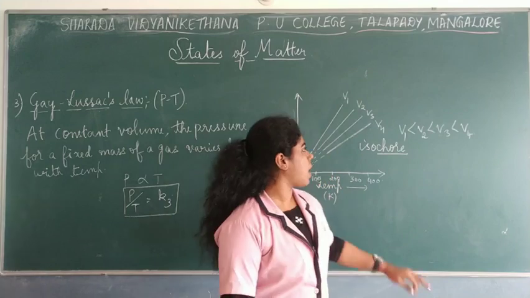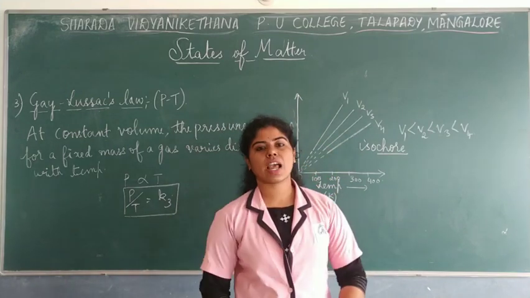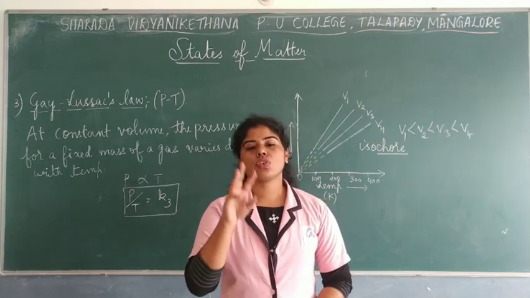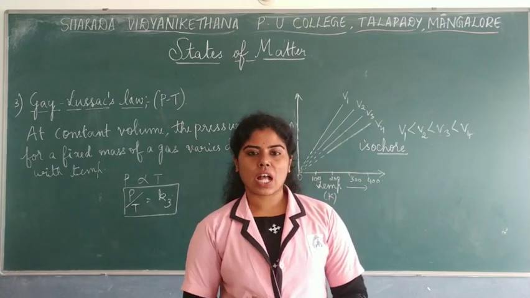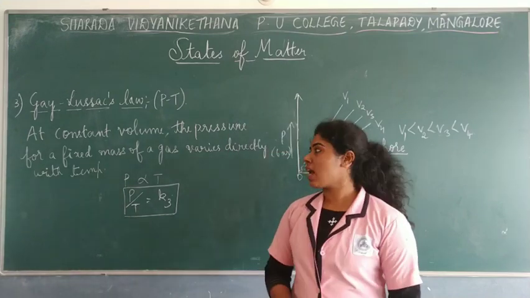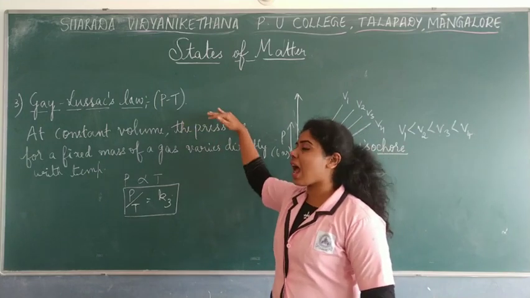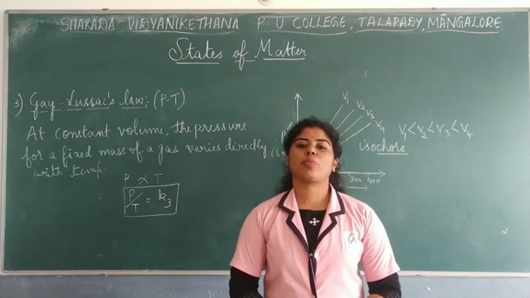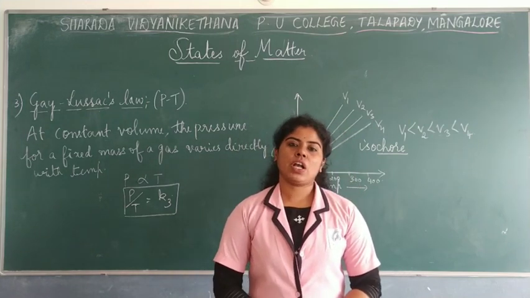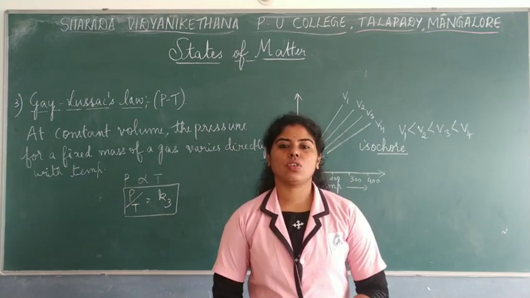So this is about Gay-Lussac's law which you have studied. Totally we have studied three laws, starting from Boyle's, Charles' law, and the last one, Gay-Lussac's law, where pressure and temperature both vary directly proportional to each other.